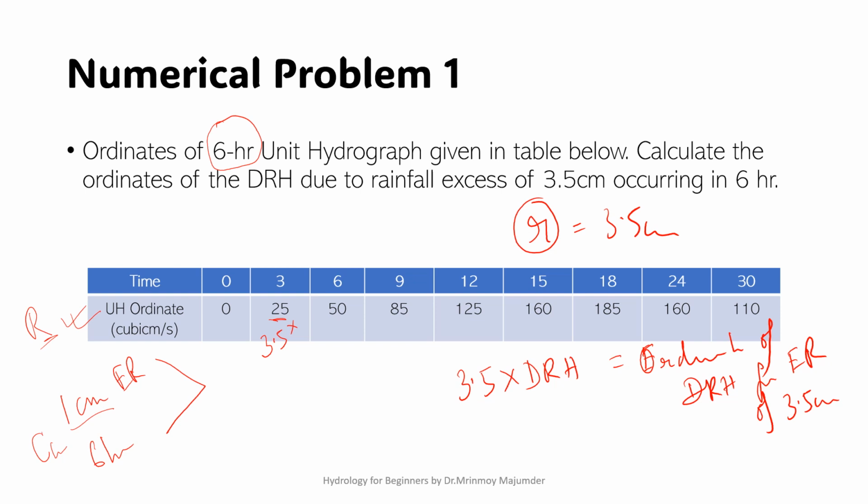Only thing that you must notice is whether the duration that you have and the duration that you want is the same or not. That means here they are saying calculate the ordinates of the DRH due to rainfall excess of 3.5 centimeter occurring in 6 hours.